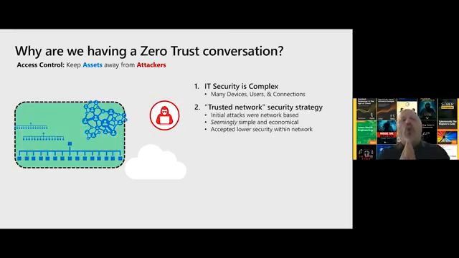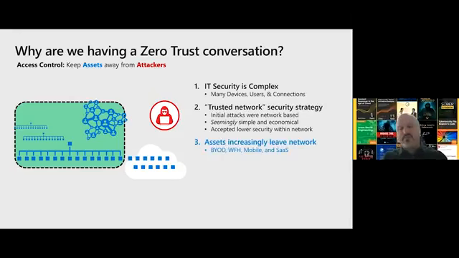So we are humans, we are based on trust, and we want to create our networks based on trust as well. So Zero Trust is about a trusted network, a trusted security strategy, which again aims to lower the cost of attacks and increase the security within the network.